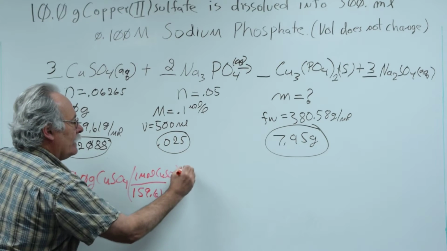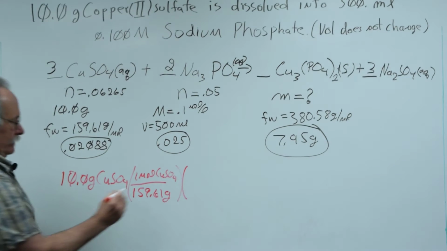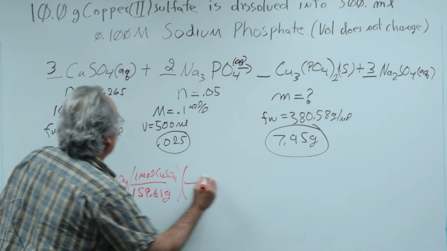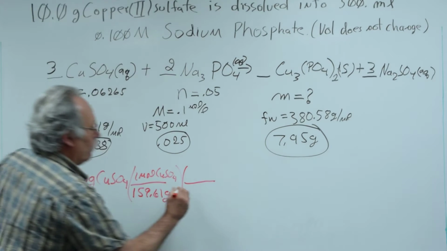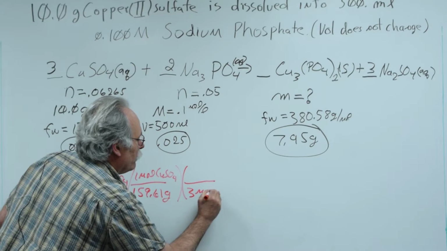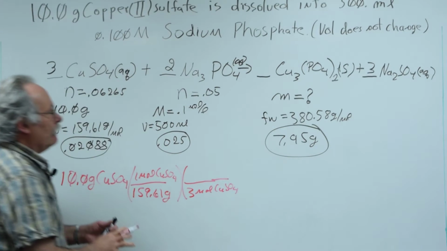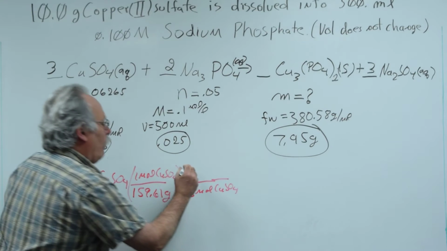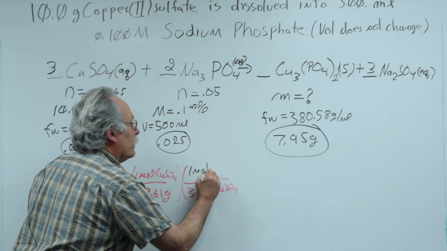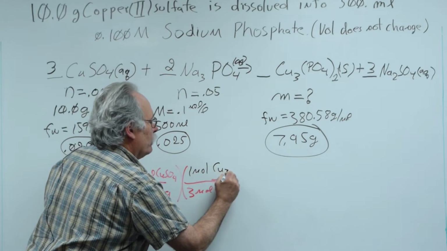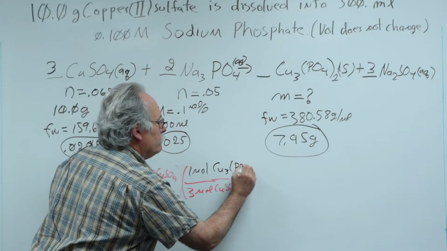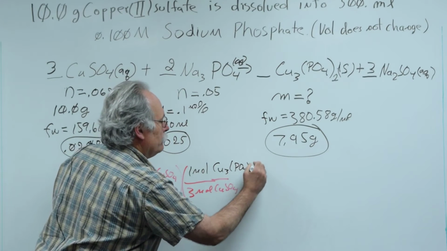Now I have my stoichiometric step, and for every 3 moles of CuSO4, I would use 1 mole of Cu3(PO4)2.